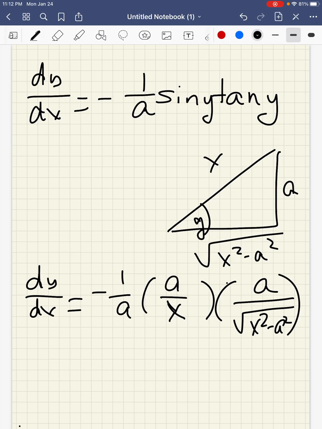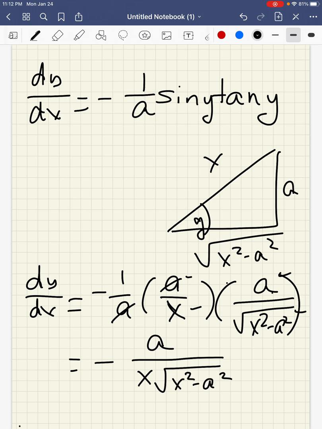So opposite over hypotenuse here, and then opposite over adjacent here. And if we simplify that, these a's will cancel. So we're going to end up with the negative and an a in the numerator over x times the square root of x squared minus a squared.